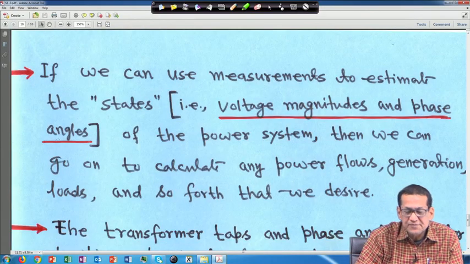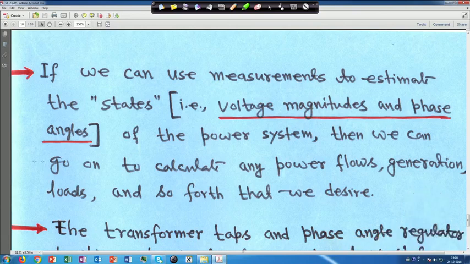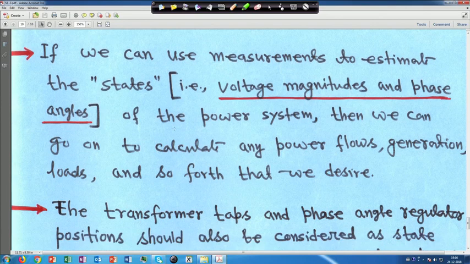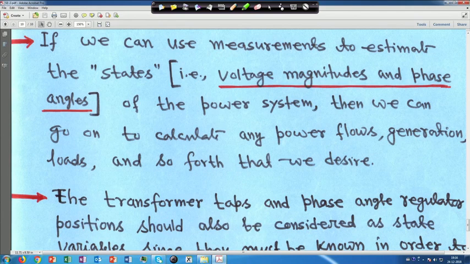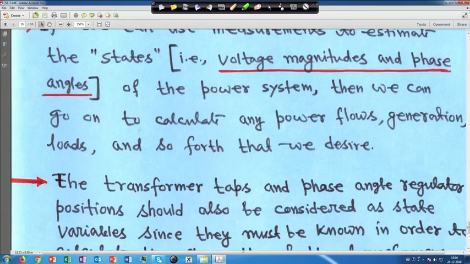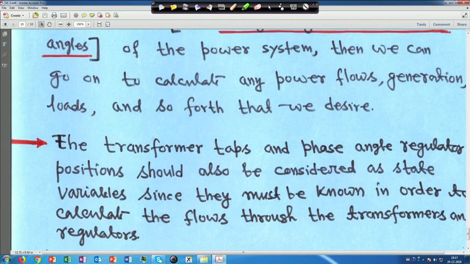Now, if we use the measurements to estimate the states, that is the voltage magnitude and phase angles of the power system, then we can go on to calculate any power flows, generation, loads and so forth that we desire, right. The transformer taps and phase angle regulator positions should also be considered as state variables, since they must be known in order to calculate the flows to the transformers and regulators. So, all these things can be considered, right.